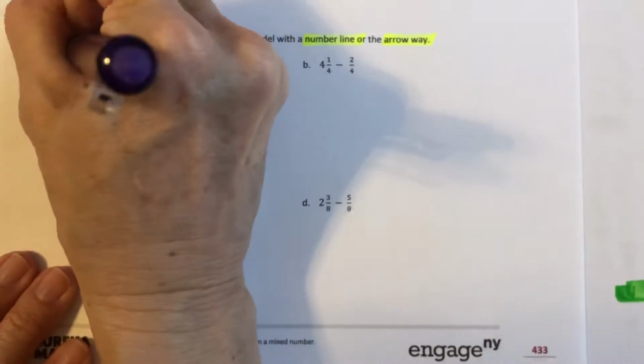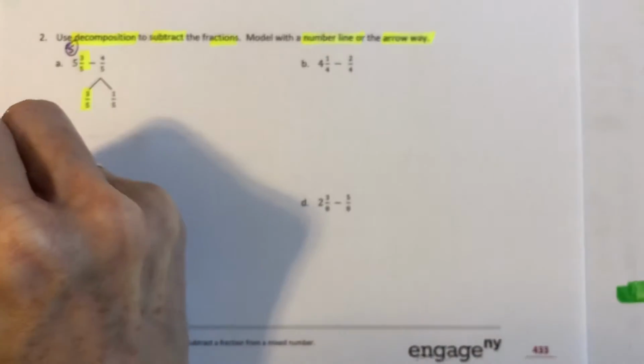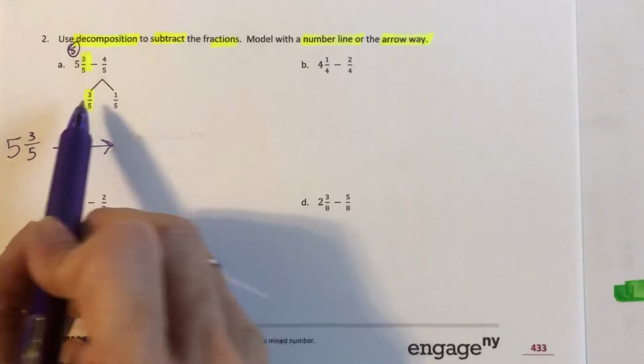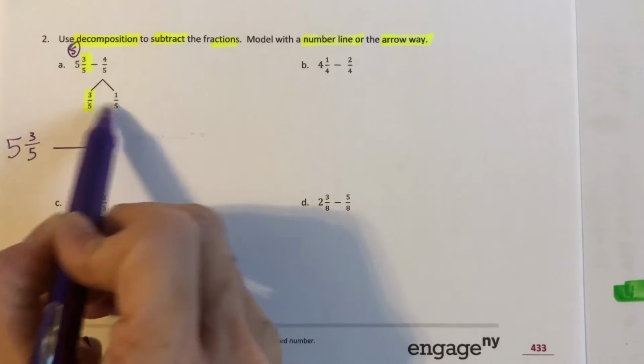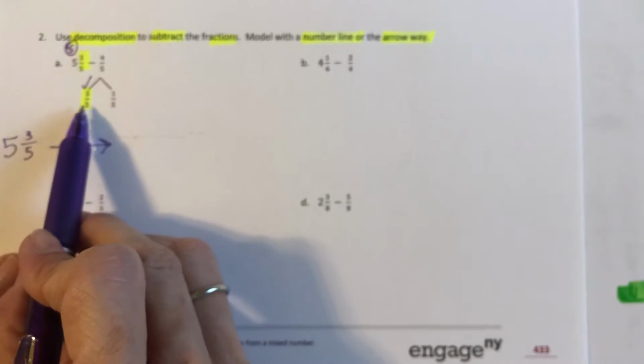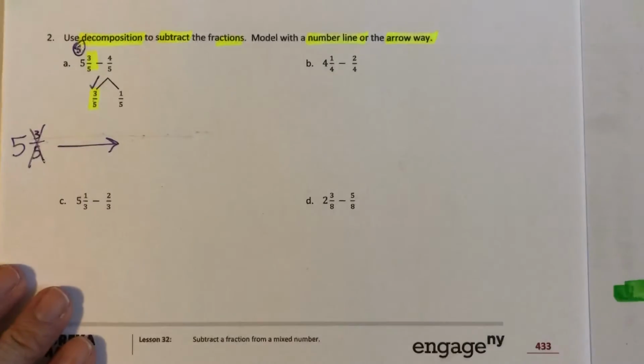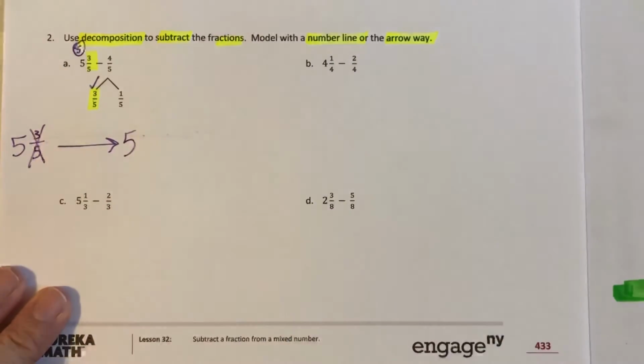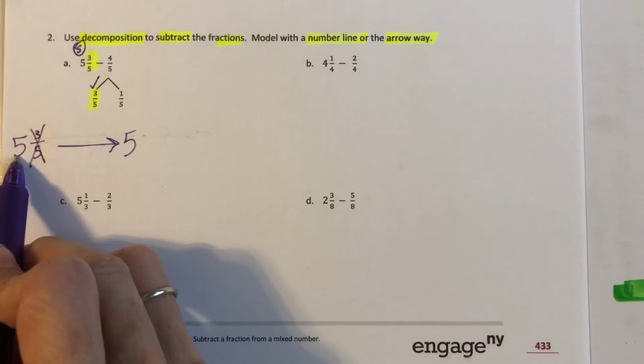So if this is our starting point, 5 3/5, and they want us to subtract 4/5, let's go ahead and subtract what we decomposed. Let's start subtracting with 3/5. And the reason we do that is because we can just take that piece off. If you just take off the 3/5 from here, that drops you right down to what you're left with, which is 5.